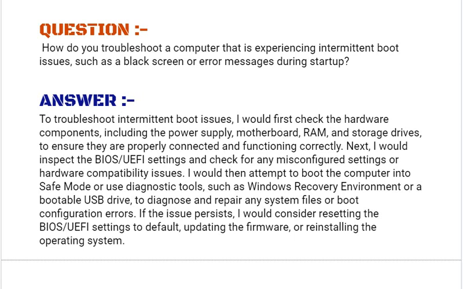If the issues persist, I would consider resetting the BIOS or UEFI settings to default, updating the firmware, or reinstalling the operating system.